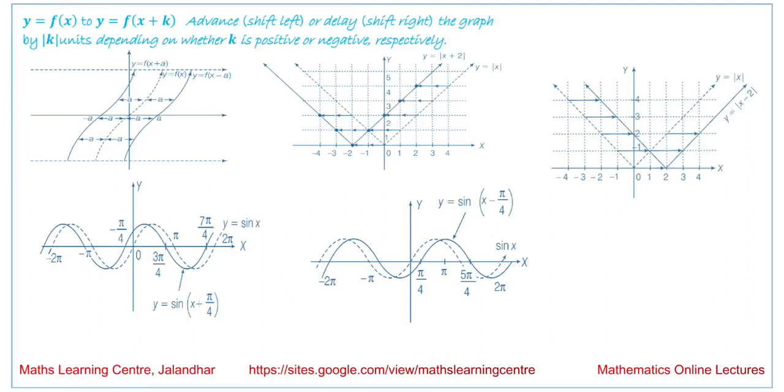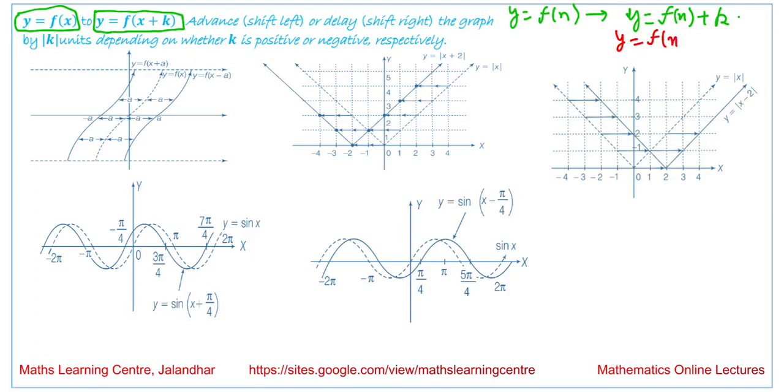Next, if the function y is equal to f(x) is given and we have to plot the graph of y is equal to f of (x plus k), this case is different from the previous case. In the previous case we had the function y is equal to f(x) and we were drawing the graph for y is equal to f(x) plus k.